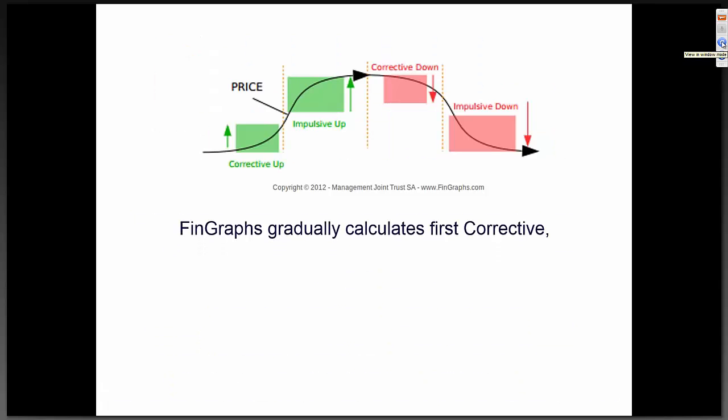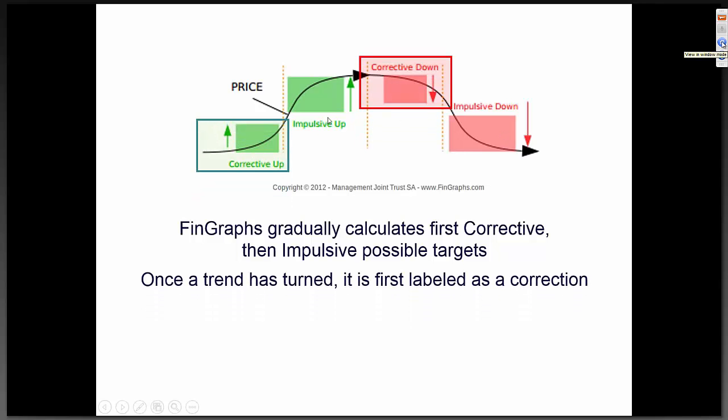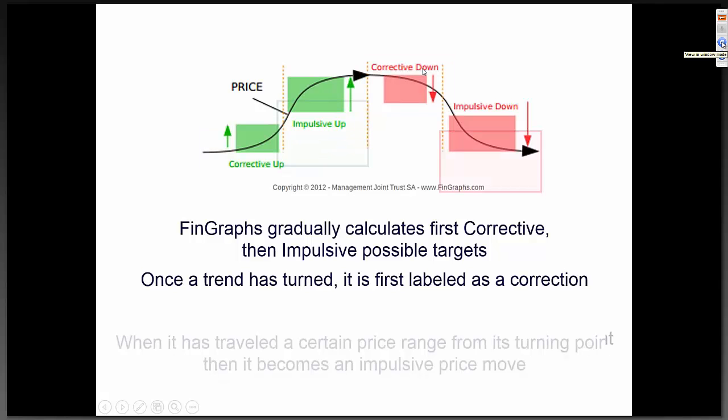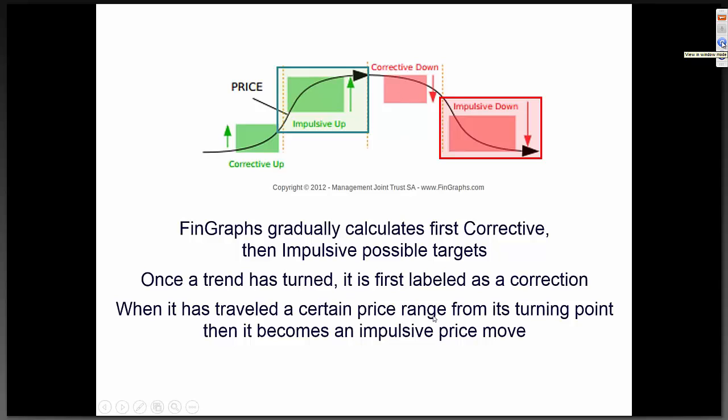FinGraph gradually calculates first corrective and then impulsive possible targets. Once a trend has turned, it is first labeled as a correction up or a correction down. When it has traveled a certain price range, and we have a trigger point, which we will explain in a few seconds, so when it has traveled a certain price range from its turning point, so its turning point is here or here, then it becomes an impulsive price move.